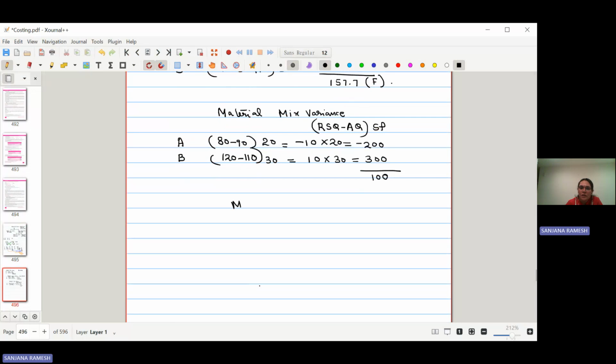Then we have to find material yield variance. Material yield variance is the difference between standard quantity minus revised standard quantity into standard price.